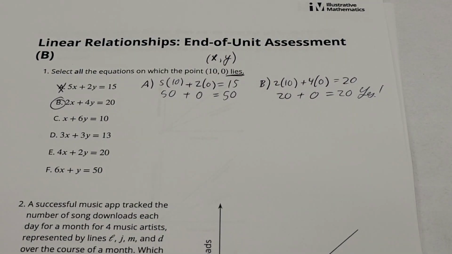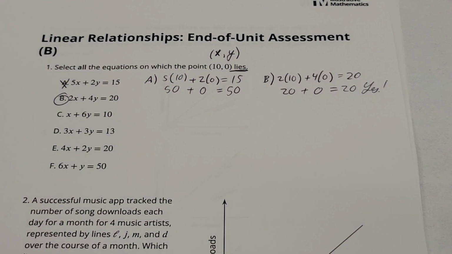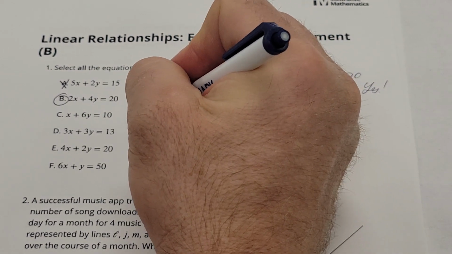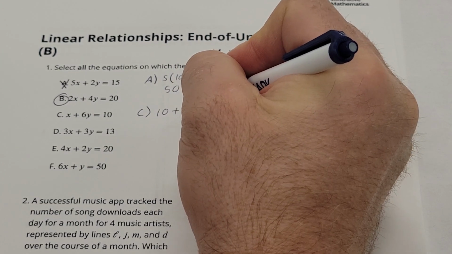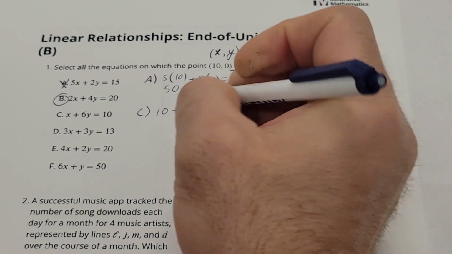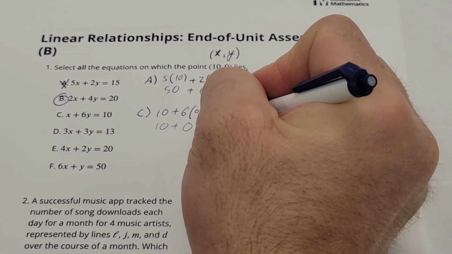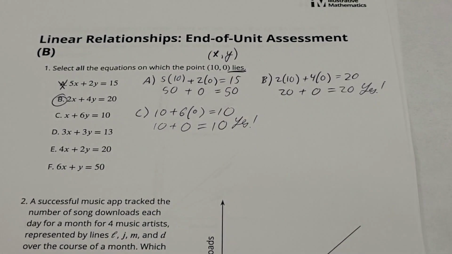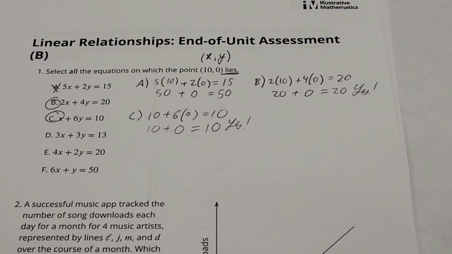B is correct, or B is an equation that the point would be on. For C, x is 10 plus 6 times y, which is 0, equals 10. 10 plus 6 times 0 is 0, equals 10. That's a yes. C would have that point on it.